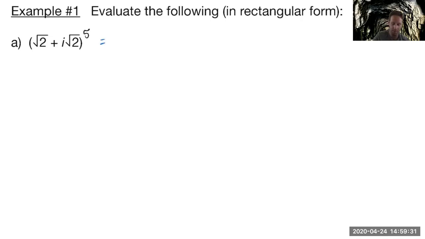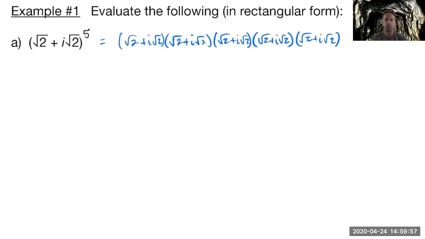Because what this is saying to do is you would actually have to take that number, that complex form, and multiply it out times itself 5 times. And good luck with that. It does not mean that you just get to raise root 2 to the 5th and i root 2 to the 5th.